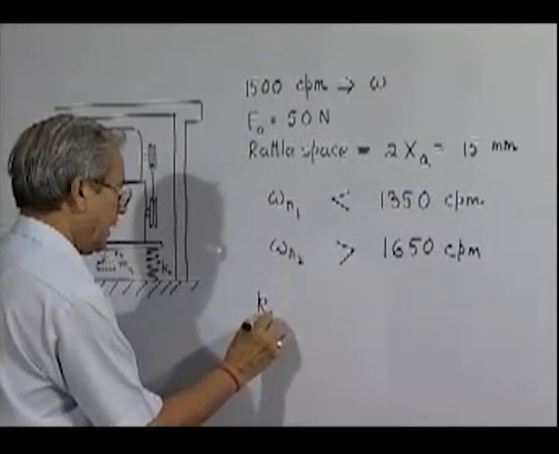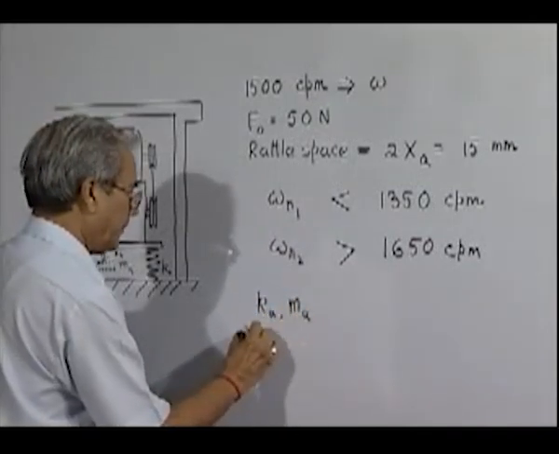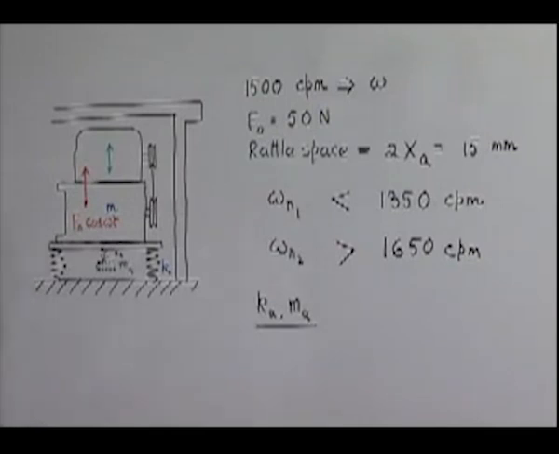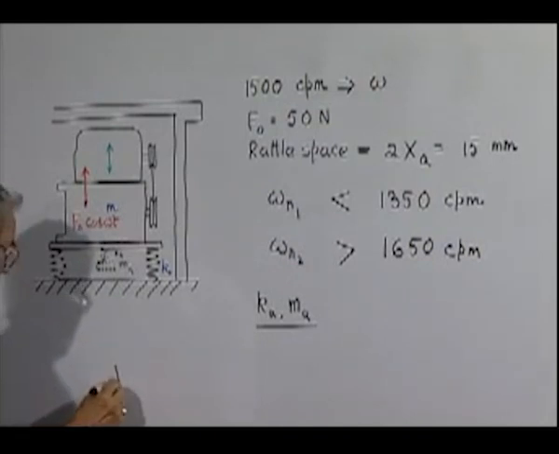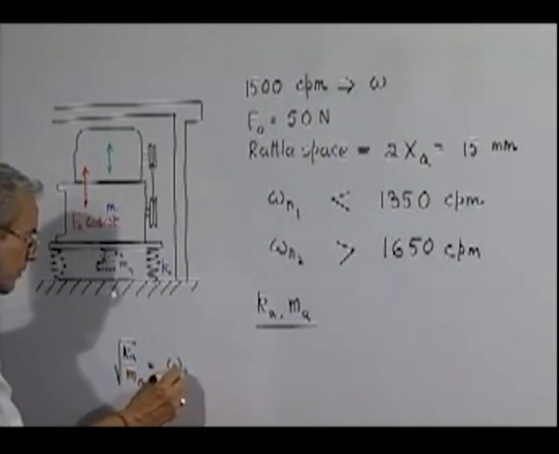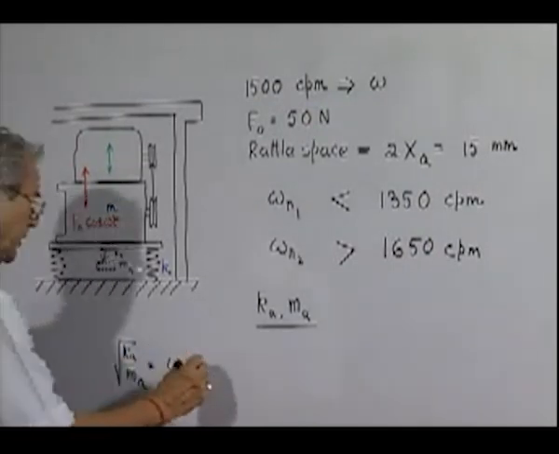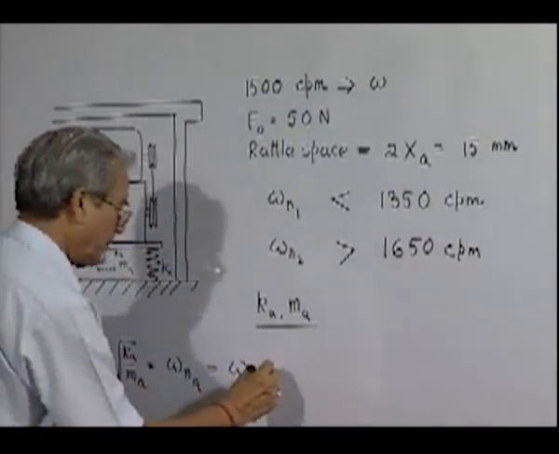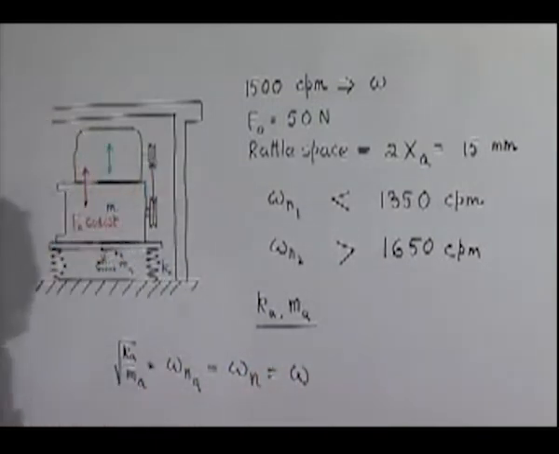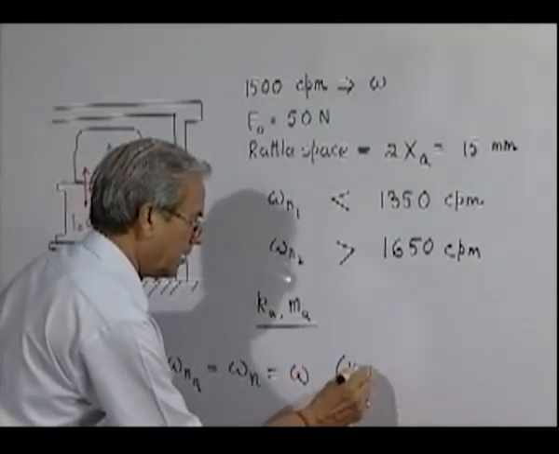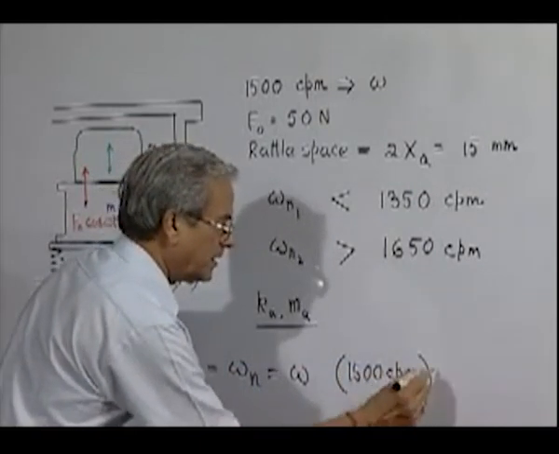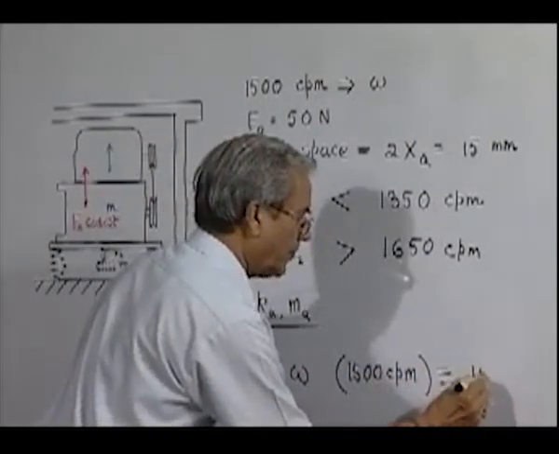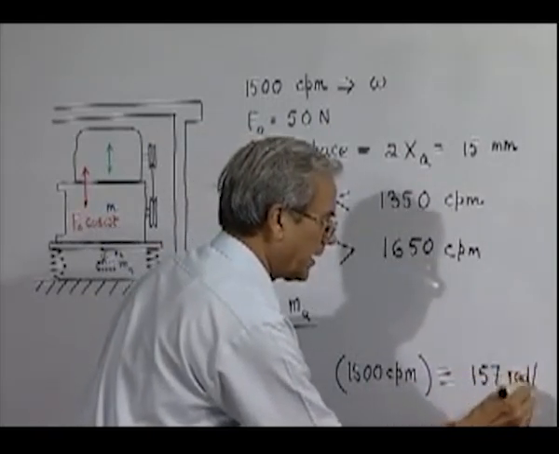So, you have to find out Ka and Ma. Three conditions will be: one is that square root of Ka by Ma, the natural frequency of the absorber system, should be equal to the natural frequency of the original system, and which must also match with the operating frequency, which is 1500 rpm, that is equivalent to, I think, 157 radian per second.